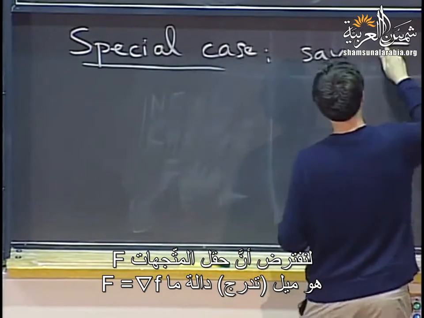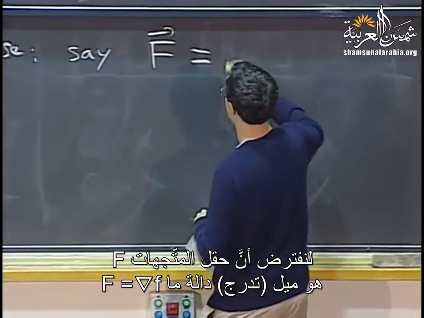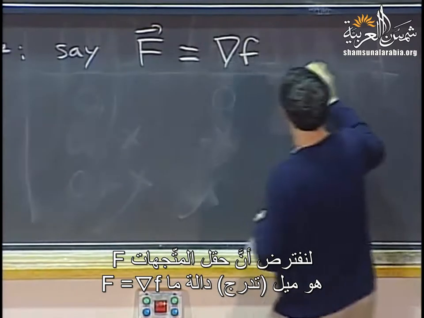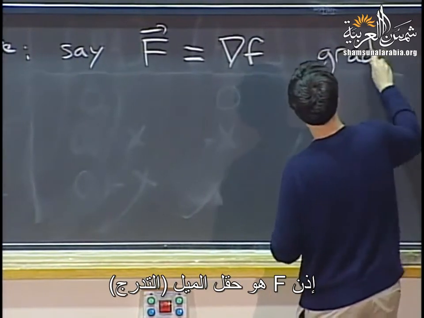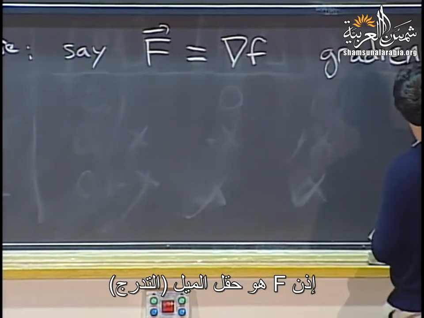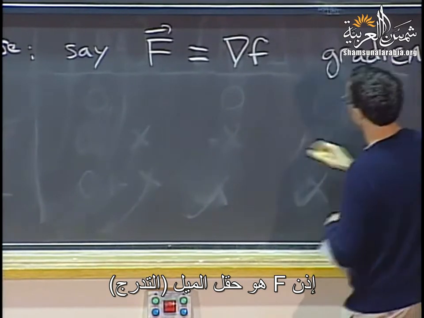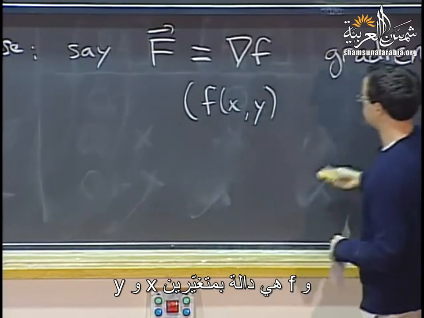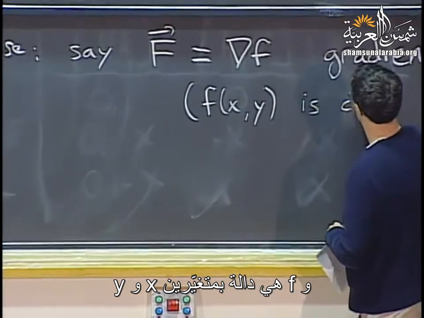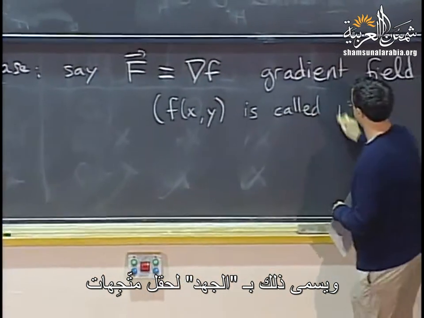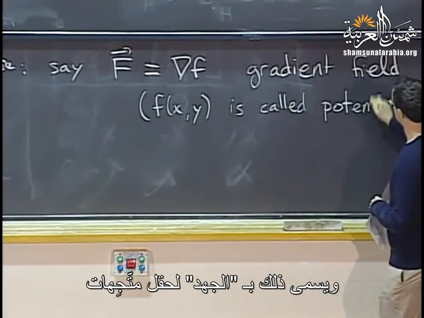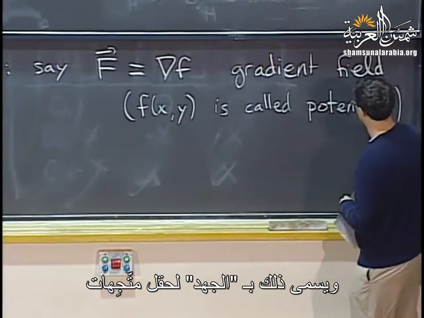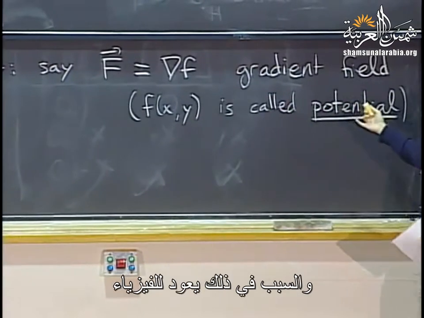Say that f, our vector field, is actually the gradient of some function. So it's a gradient field. And f is a function of two variables, x and y, and that's called the potential for the vector field. The reason is, of course, from physics.